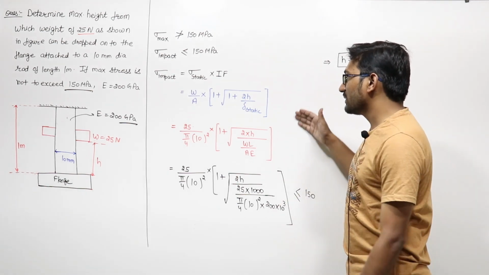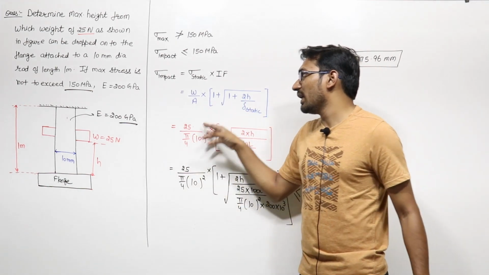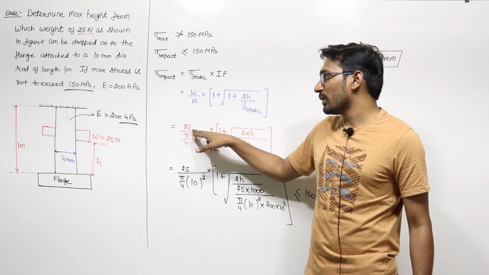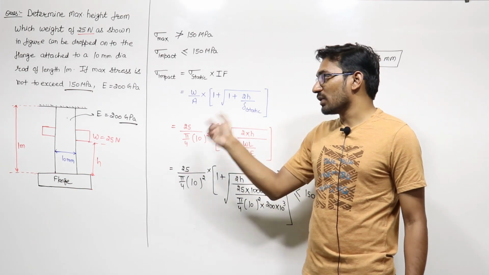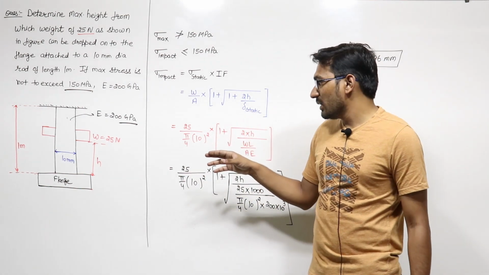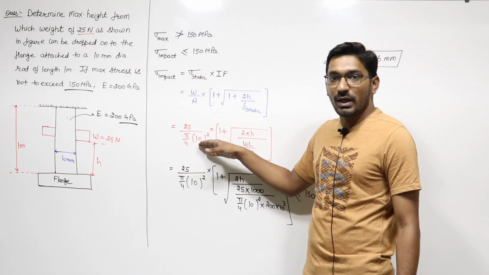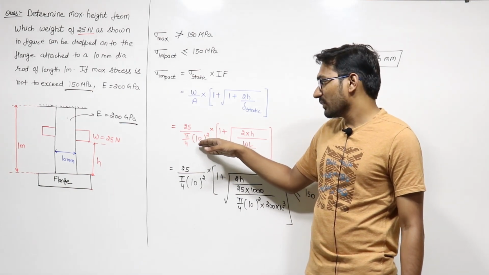Putting in the values, the load is 25 Newton. The rod is circular with diameter 10 mm, so the area is pi by 4 d square, where the diameter is 10.